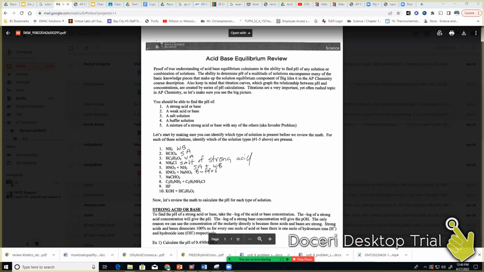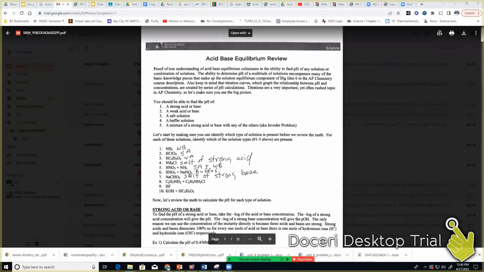My next one, number 7, is going to be the salt of a strong base. Once again, my strong base would be sodium hydroxide on that one.